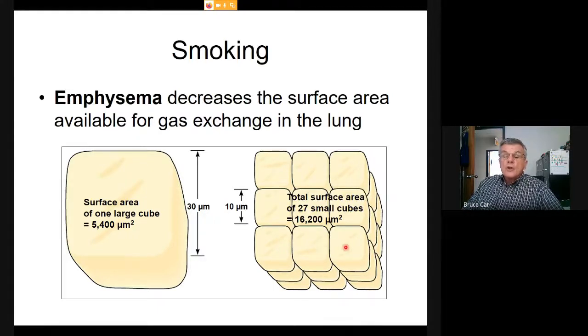You have 27 small cubes, and you have cross wall cubes, these vertical walls and these horizontal walls that run front to back in this drawing. That increases the surface area to 16,200 square micrometers, about 3 times the total surface area. Now, you have to mount your capillaries in the surface area. So 3 times the area over here if you retain the original alveolar structure, a surface area effect.